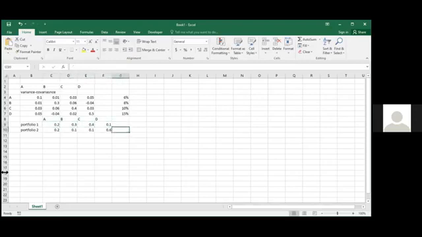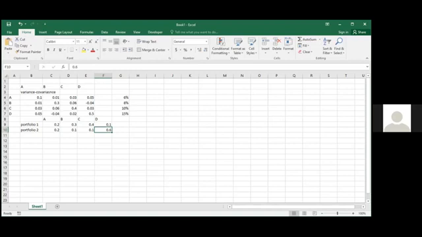We change the portfolio here, the second portfolio, 20%, 10%, 10%, 60% like that. Now you have to calculate starting from the beginning.